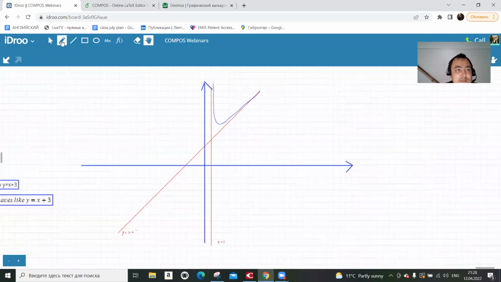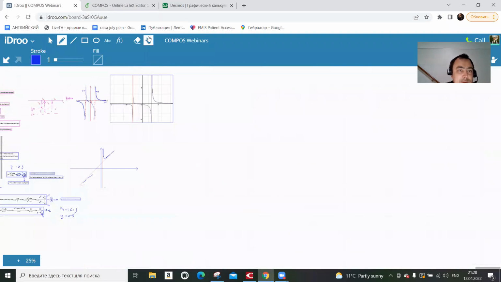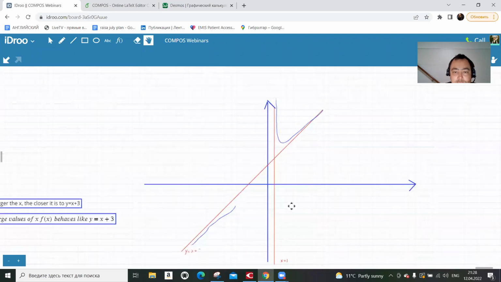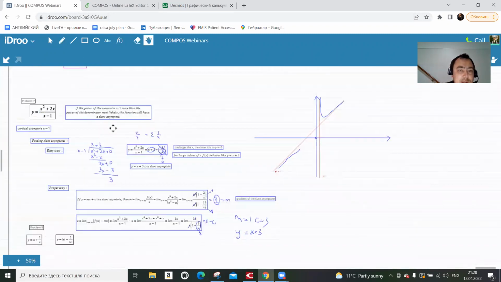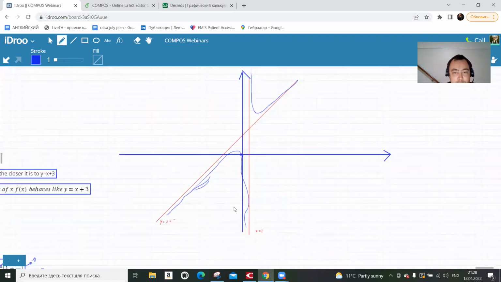It's going to be like that. It's useful to find when x is 0. So it actually goes through 0, 0. It's another useful fact. So something like that. Sorry for the mess.